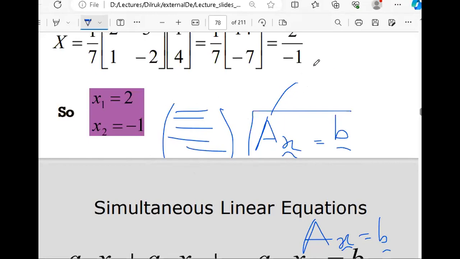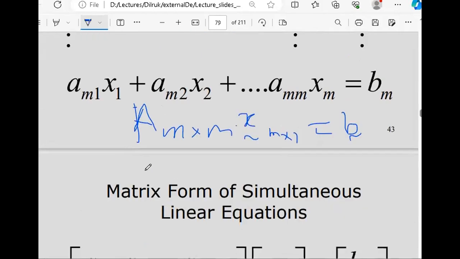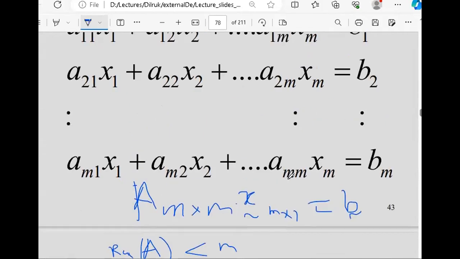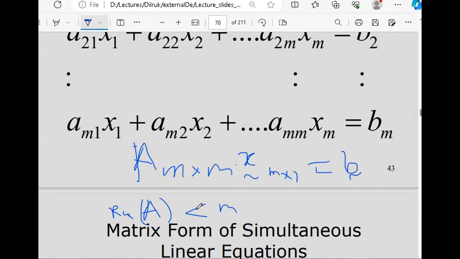Let's say this is m by n. If this is full rank, then the rank of A should be equal to m. If it is not full rank, that means the rank of A is less than m, so this matrix is singular, or not full rank.